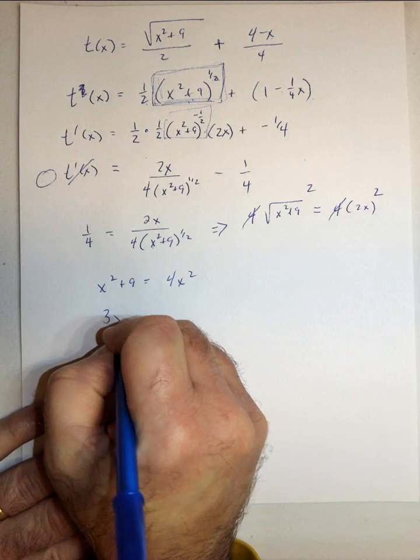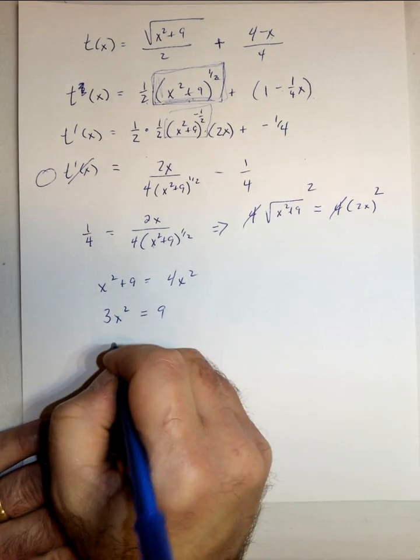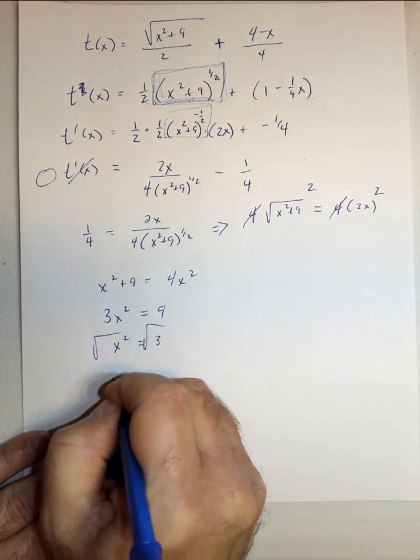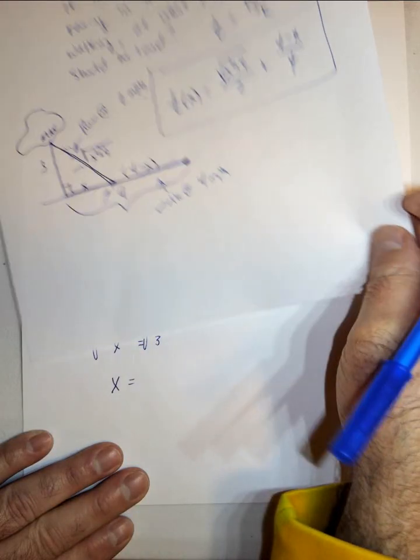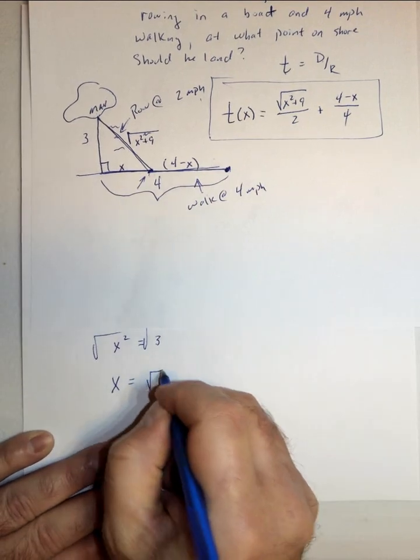Subtract the x squared from both sides. Dividing by 3. Square rooting. So x is obviously plus or minus root 3, but remember, x represented a distance, so it's just the positive root 3.